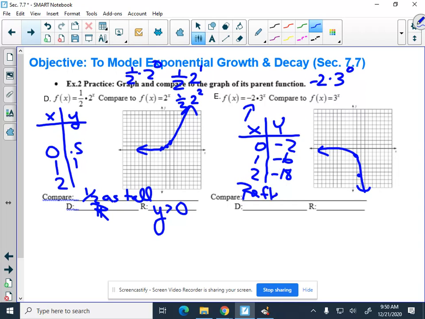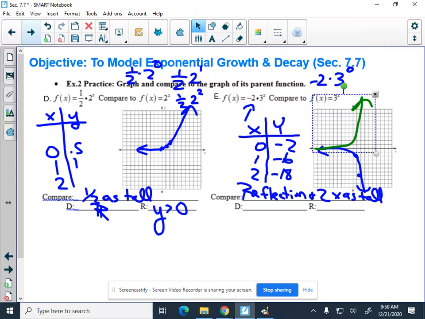It is a reflection, and 2 times as tall. The numbers would be a reflection. The reflection, instead of going up like this, it does a reflection.